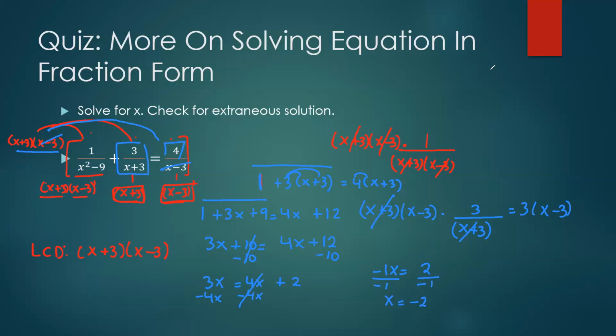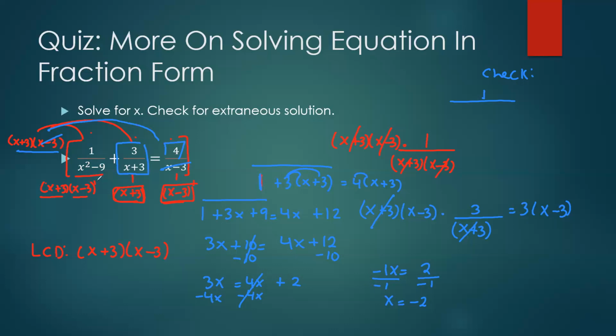Now let's check by plugging it back into your original. So it's 1 over negative 2 squared, which is 4 minus 9. Let me get my calculator. Okay, got it.